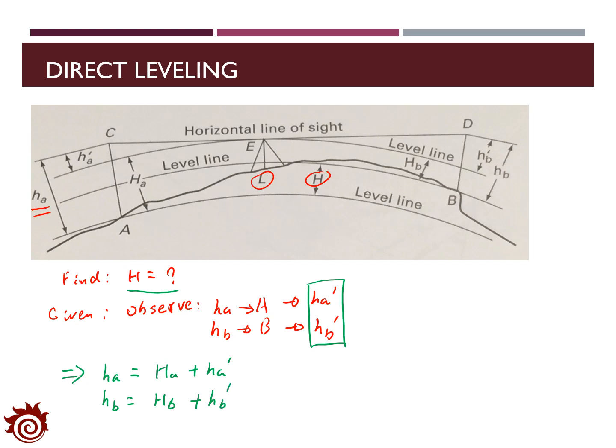In addition, we can derive that the true elevation difference from A to B is capital HA minus capital HB.